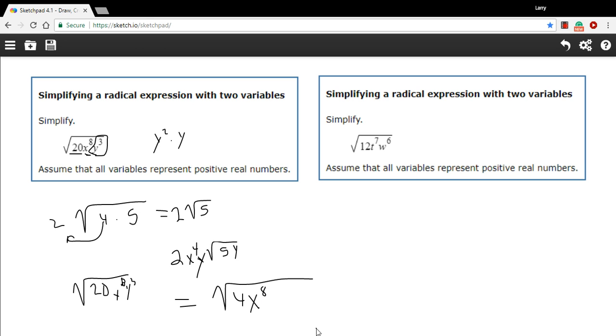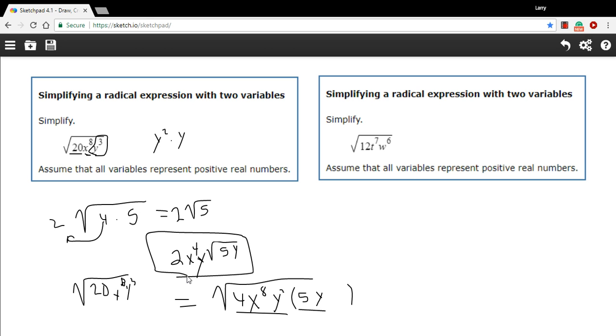And out of y to the third, I could factor out a y to the second. What that leaves is the 5 from the 20, nothing from the x, and just a y. And now you can take the square root of that part and leave this part inside, and you'd end up exactly with what we got here.